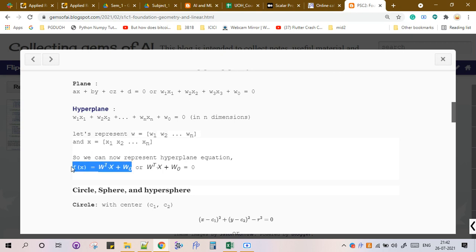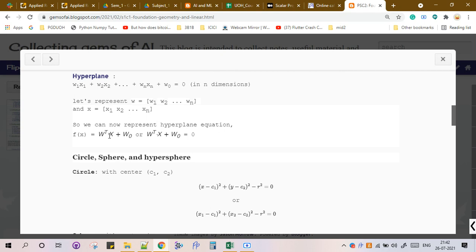So this is nothing but the predicted value given w, the input x, and the bias term: y predicted equals f of x. This is what we are doing in almost all machine learning algorithms. Given the values of weights and input, this is how we predict the output, correct?